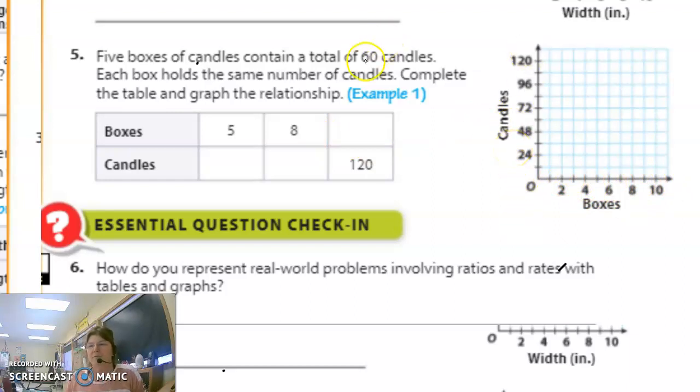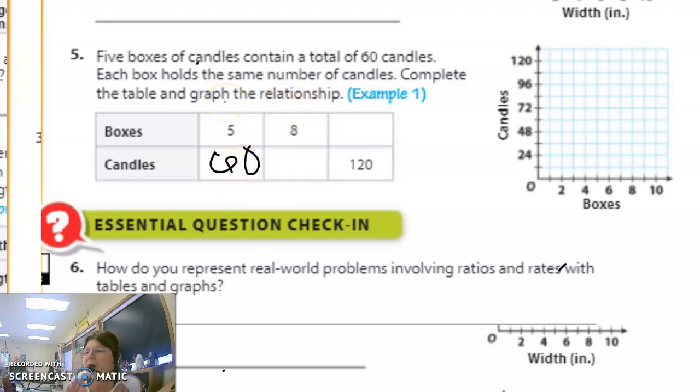All right. So what's our first one? If 5 boxes contain 60, what would our first number be? Well, our first number, because it's a box of 60 candles, would be 60. Okay. What would our next one be?